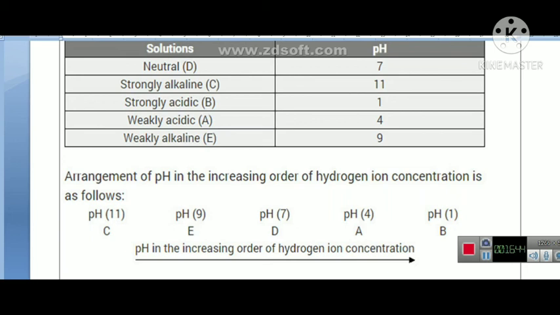So, solution B, whose pH is 1, will have more hydrogen ion concentration than solution A, and solution C will have very little hydrogen ion concentration, where the OH minus ion concentration will be increased.